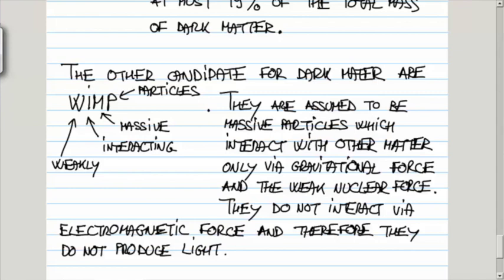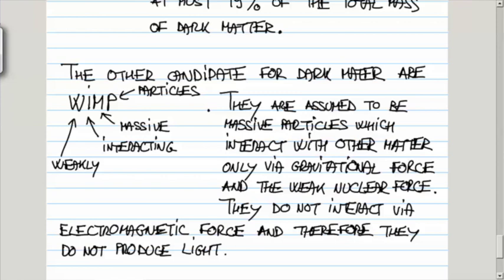Okay? So the fact that they do exert gravitational force can then explain why the dark matter speeds up the stars at the edge of spiral galaxies, or makes galaxies in a galaxy cluster move faster than what you would expect based on the amount of luminous matter. Okay?